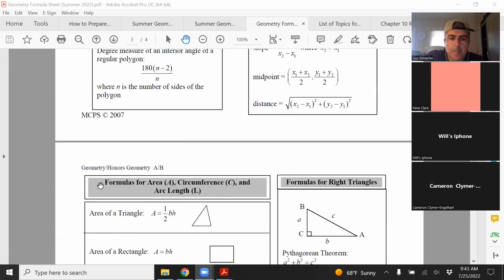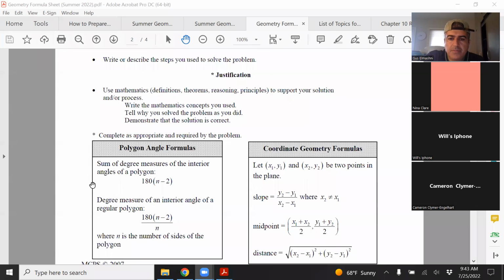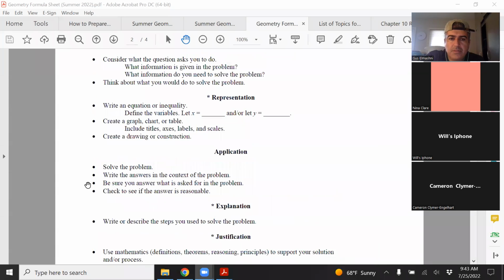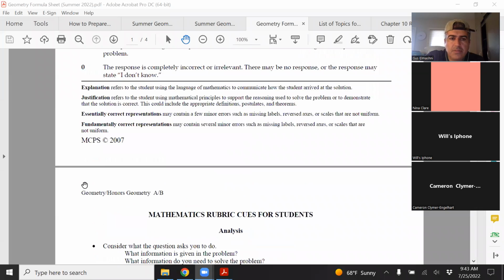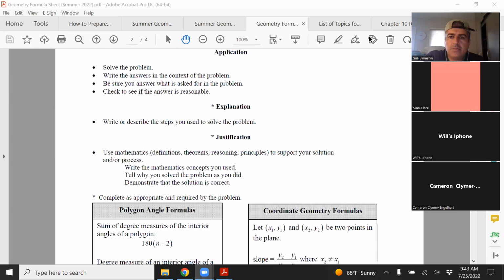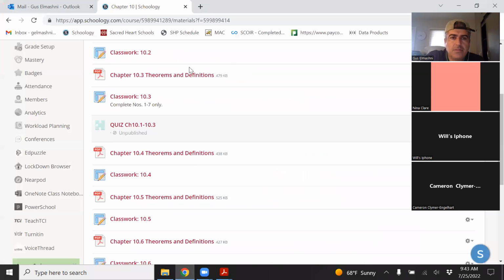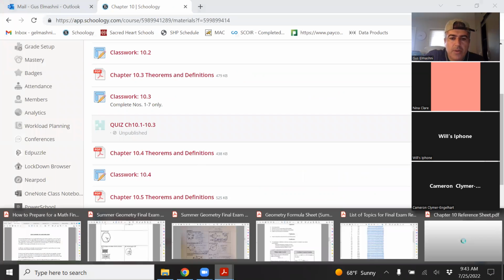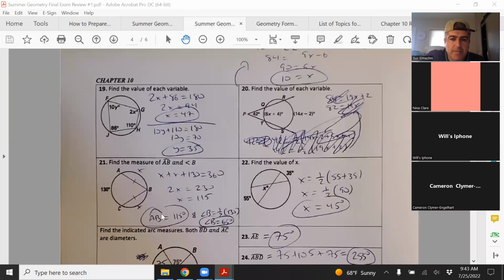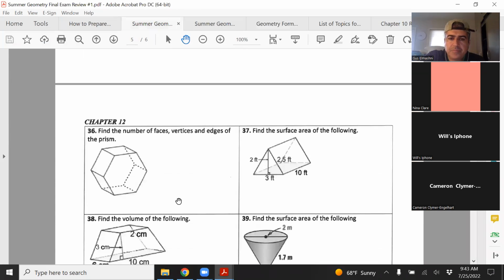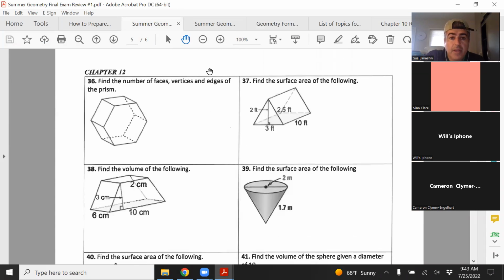So hopefully that's okay. So oh yeah, 37. I know someone asked about 37, but 37 here. So surface area is the area of all faces.